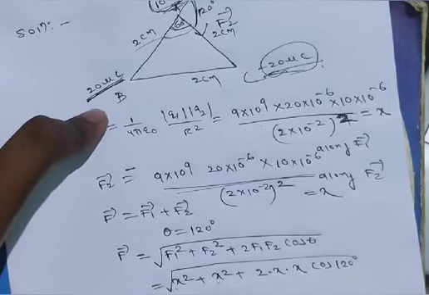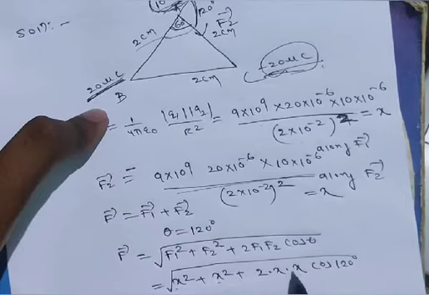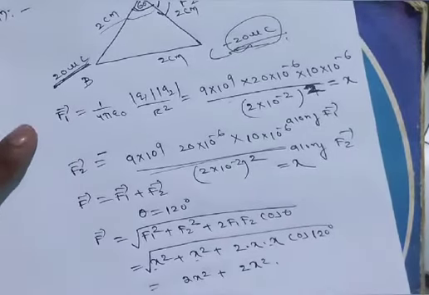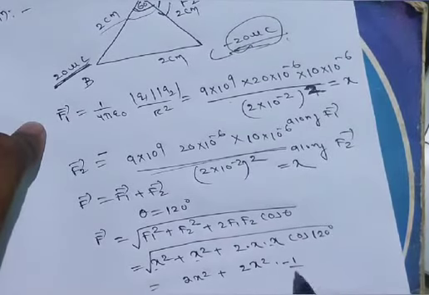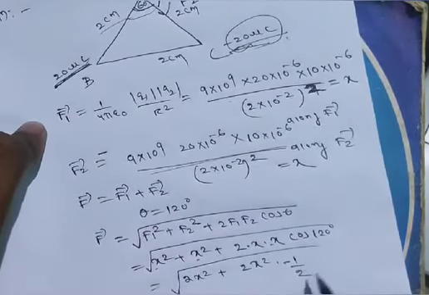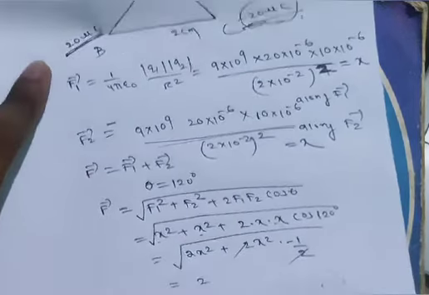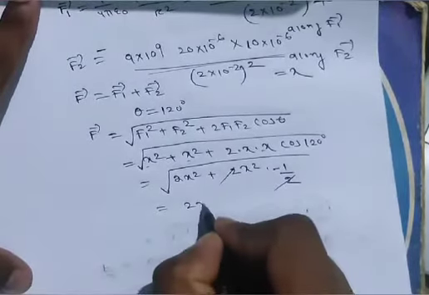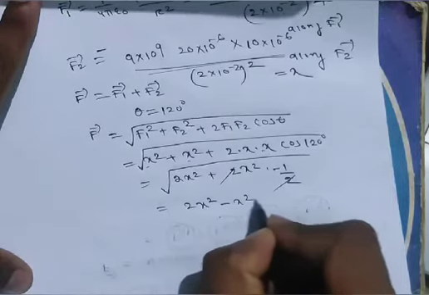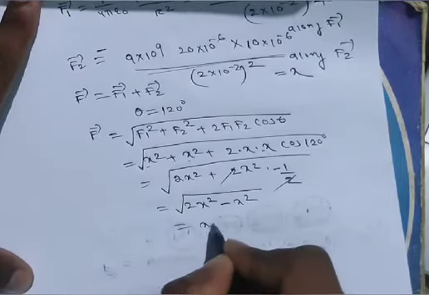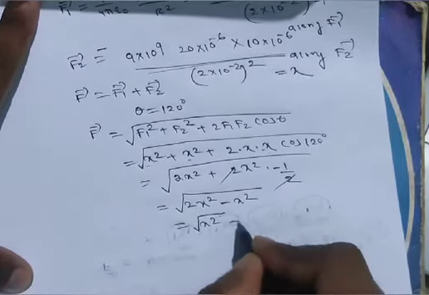So this is x square plus x square plus 2x square times cos 120, and we know the value of cos 120 is minus 1 by 2. So these two cancel, leaving 2x square minus x square, which is simply x square, and the root of x square is x.